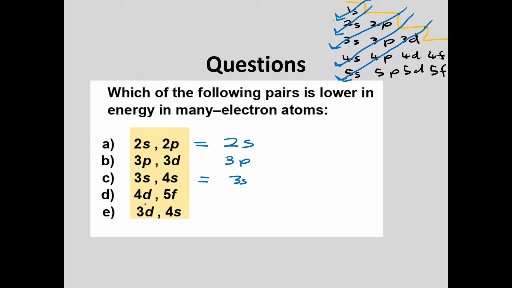And then between 4D, which is here, 4D dengan 5F. So kalau you tengok lepas bawah ni, kita naik sini balik, turun, kita akan jumpa 4D dulu sebelum jumpa 5S. So it is 4D. And then kalau 3D dengan 4S, this is, okay, take note this is yang paling common.